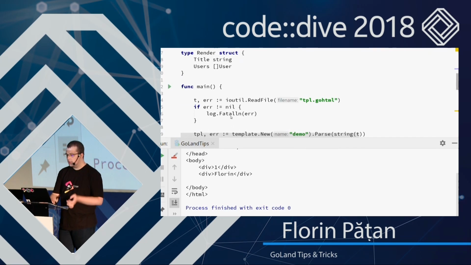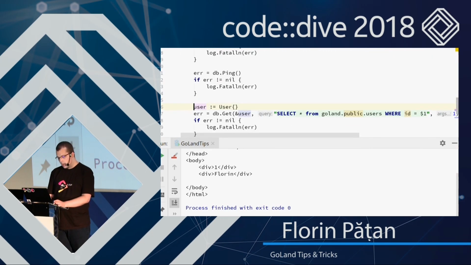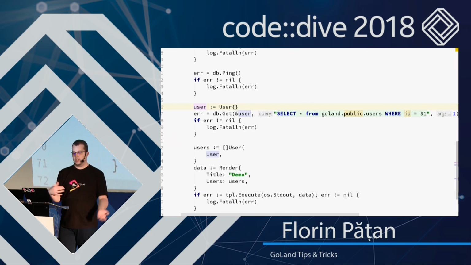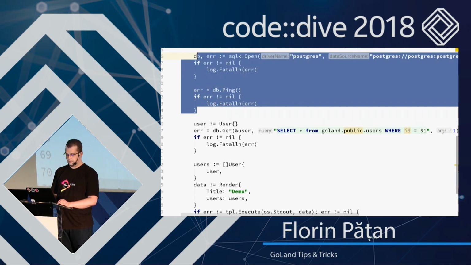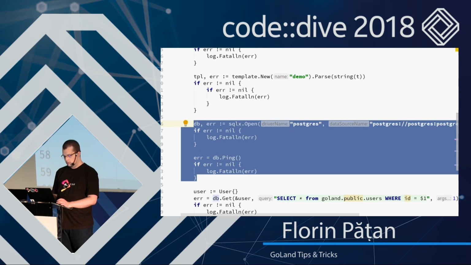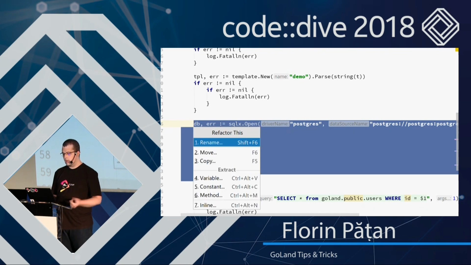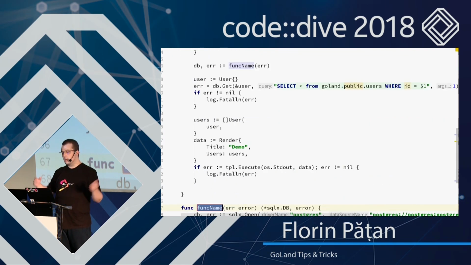Right. So another thing that I can do is I've made a mess here. And there's like a lot of code that I put in the main function, right? So maybe I just want a database connection. Let's select this one, say refactor this, and I want to use, well, it's called method, but it's really method and function. So I took that piece of code and extracted it into its own function.